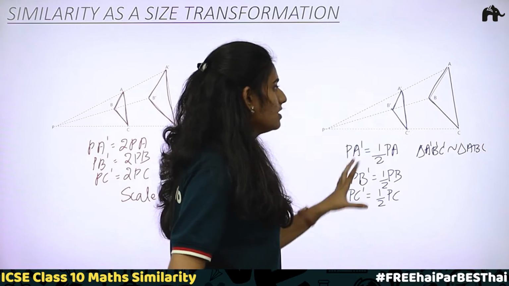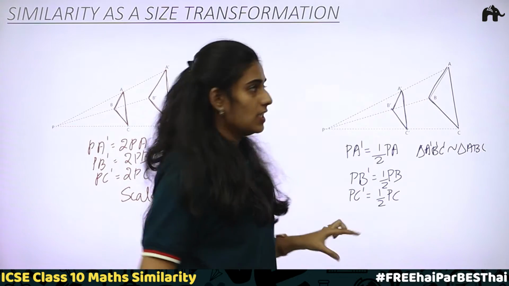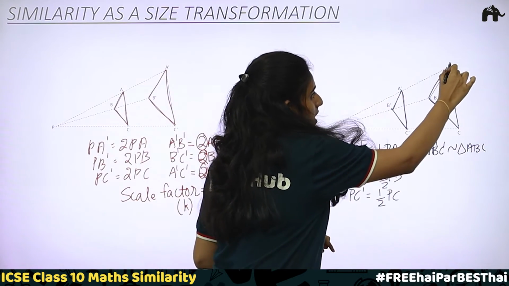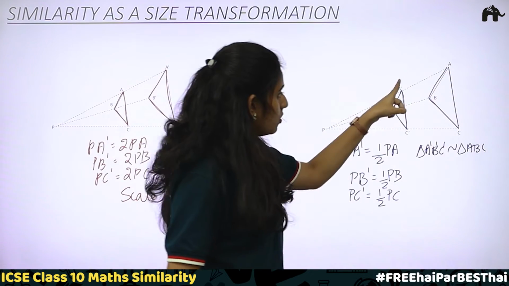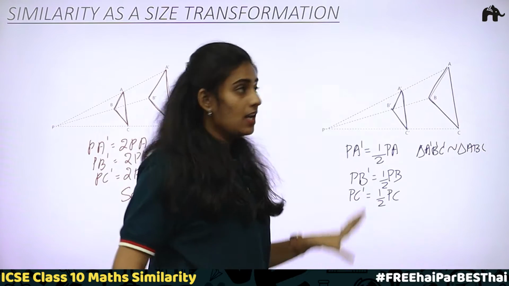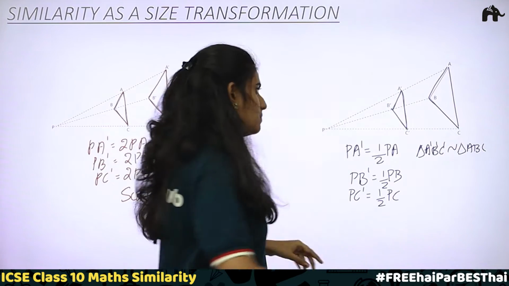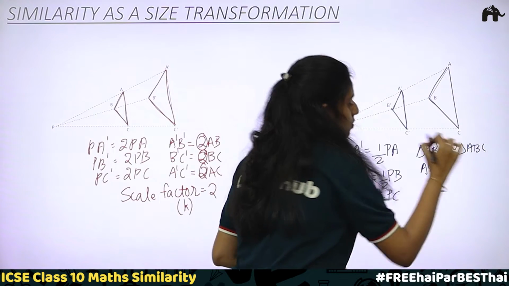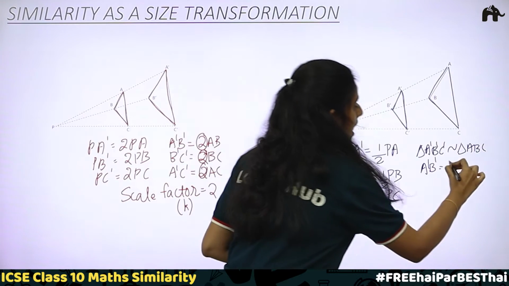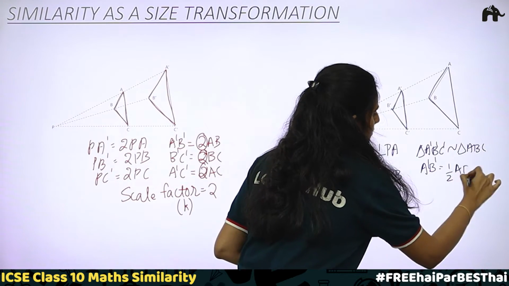When you consider the corresponding sides, corresponding to A dash B dash, here we have AB, corresponding to BC we have B dash C dash, corresponding to AC we have A dash C dash. Now what about the length of these corresponding sides? A dash B dash has reduced by half, that is half of AB.